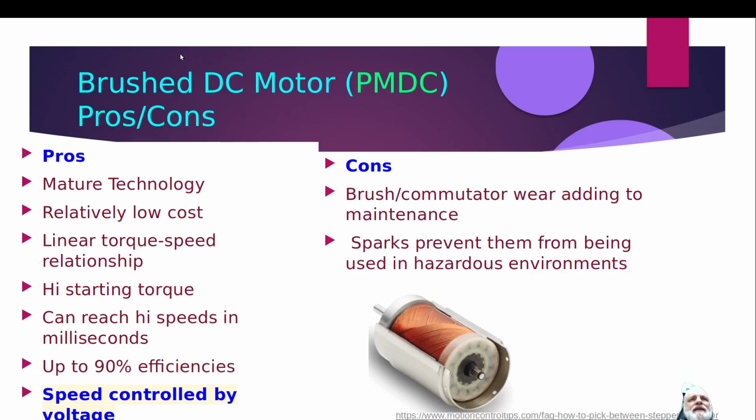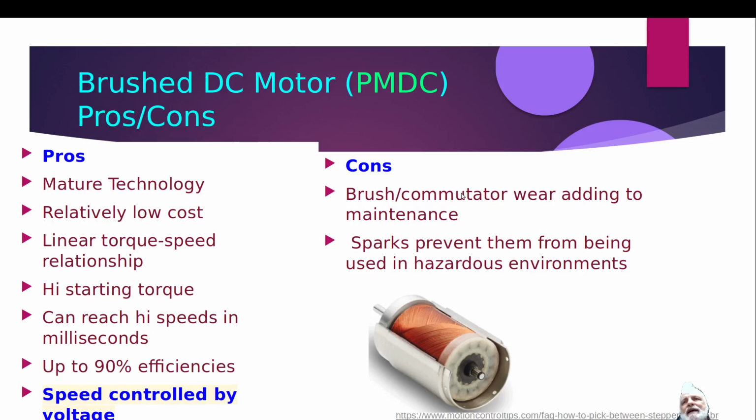Alright, so some of the nice things about brushed DC motors are, number one, they've been around for a very long time, so it's very mature technology. They're relatively low cost, and they have, like I say, a lot of torque at low speeds, and a fairly linear torque to speed relationship. They can also go up to very high speeds very quickly.